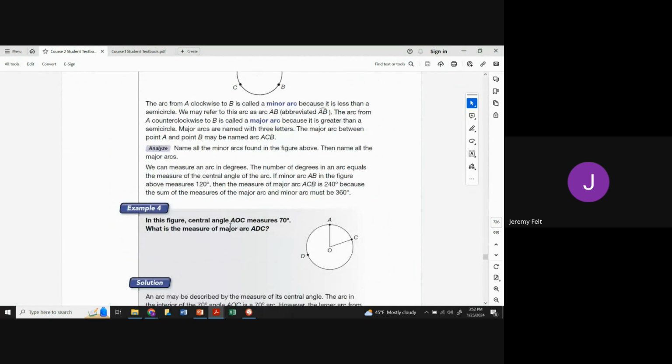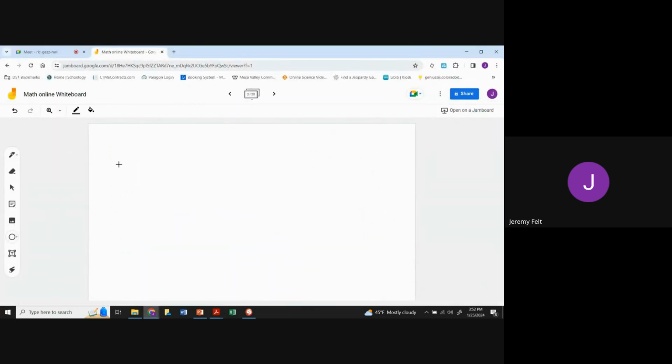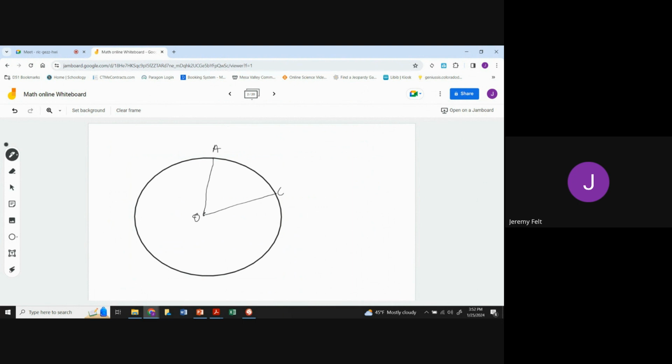So I'm looking at this. AOC is 70 degrees. Let's try and draw our own. Not perfectly drawn, but it'll do. 70 degrees. What is the measure of the major arc A, D, C?